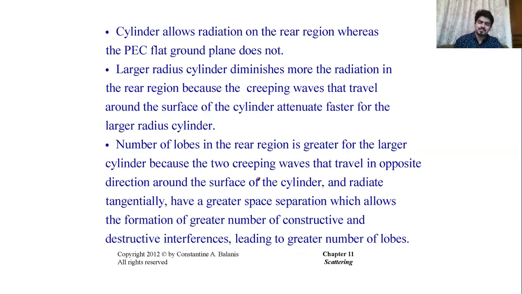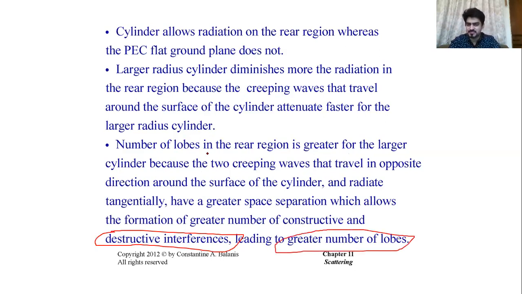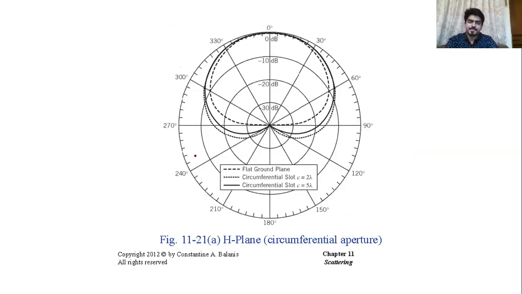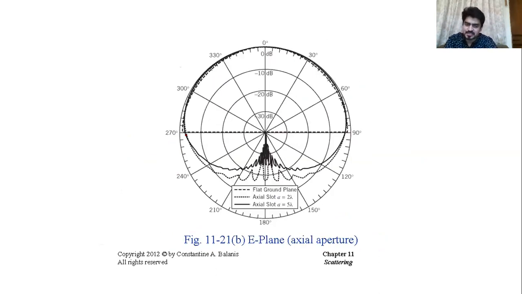That's what he explains here: destructive interference, and basically it creates a greater number of lobes in the backside because of two creeping waves that travel in opposite directions around the surface of the cylinder. They create constructive and destructive interference. So that is what we just showed. This is circumferential aperture H plane, and this is axial aperture E plane.